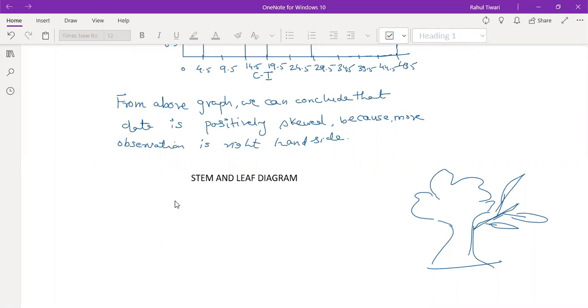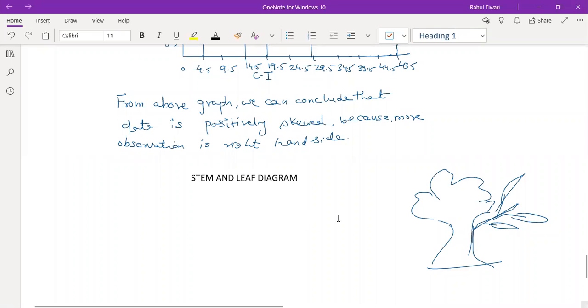I need to understand, and based on that criteria I need to check whether the data is positively skewed, negatively skewed, or symmetric. So the concepts of stem and leaf are the same. The conclusion for stem and leaf and the conclusion for the normal distribution are the same. There will be no change in the conclusion.